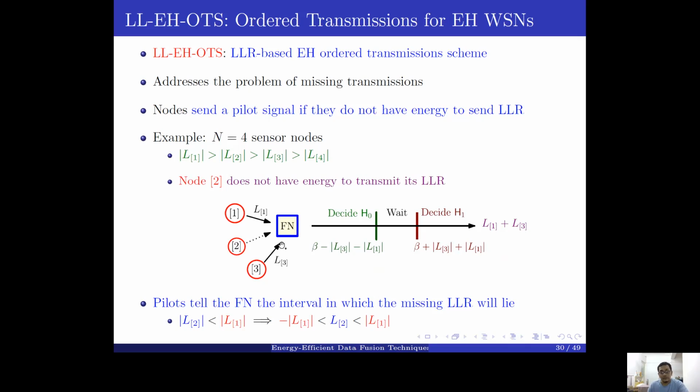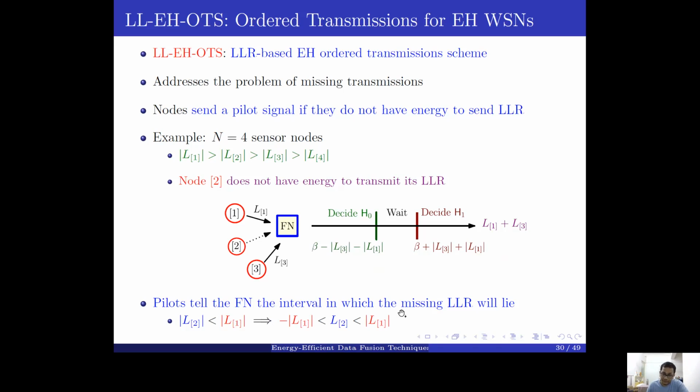Now, when the fusion node receives the LLR from the third best node, it knows that the absolute value of the missing LLR will be less than the absolute value of the first received LLR. Using this, it can tell the interval in which the missing LLR can lie.